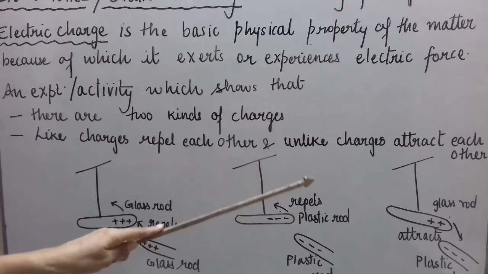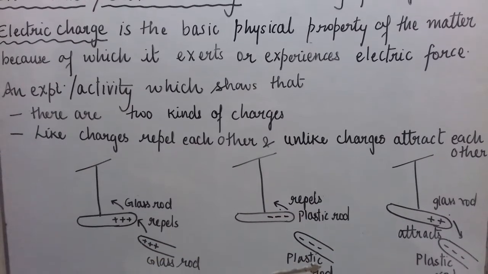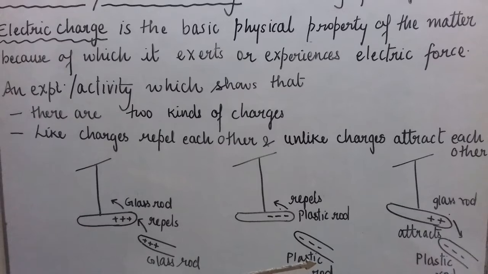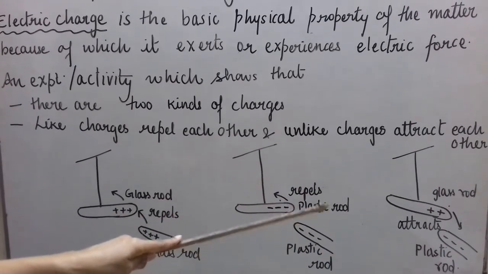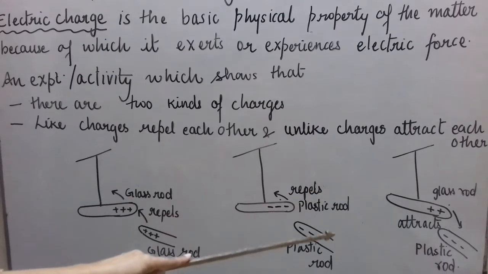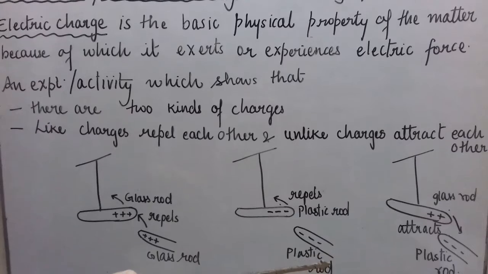In the third diagram, a charged glass rod, charged by rubbing with silk cloth, and a plastic rod, charged by rubbing with cat's fur, are used. When the plastic rod is brought close to the hanging charged glass rod, we see that the glass rod gets attracted towards the plastic rod.